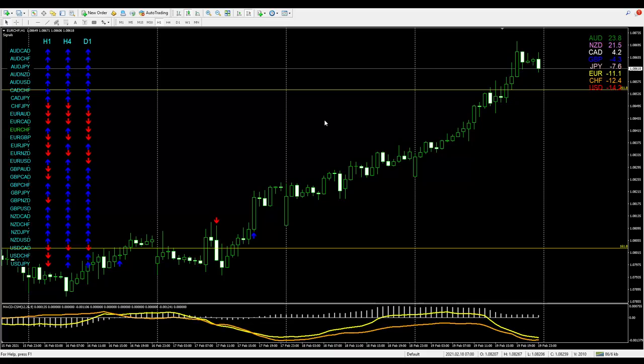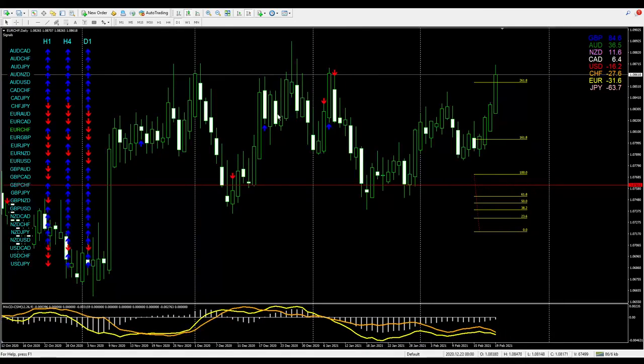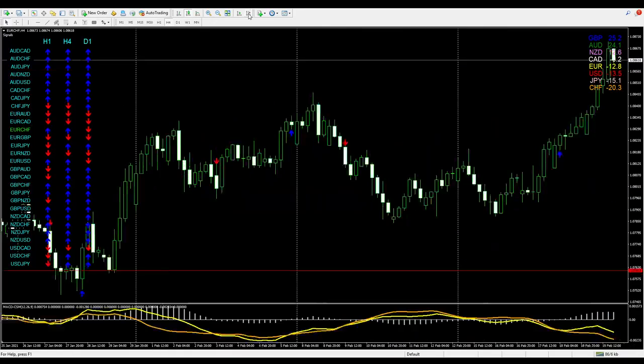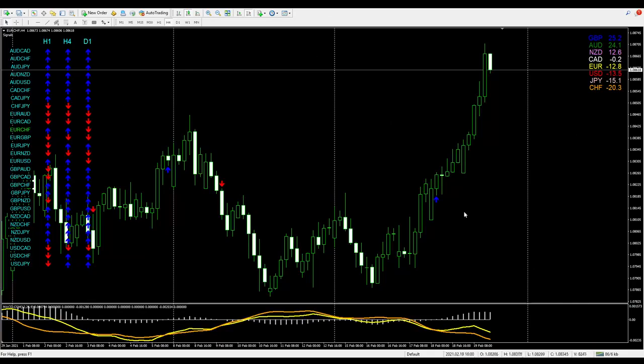Next one is EUR CHF. The overall trend for EUR CHF, as we can see, is a sell for D1, but on H4, as we can see, it was a buy, and there is no proper entry for EUR CHF this week. One moment, I have to mute someone.